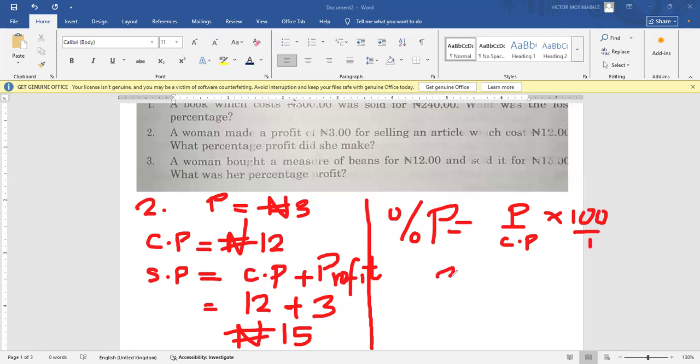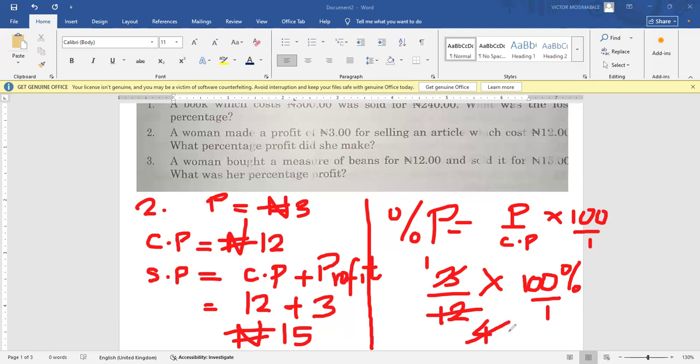So the profit is 3 over 12 times 100% over 1. So 3 into 3 is 1, 3 into 12 is 4. You can use 4 into 4 is 1, 4 can go into 100, that is 25 times. So the profit is a 25% profit.